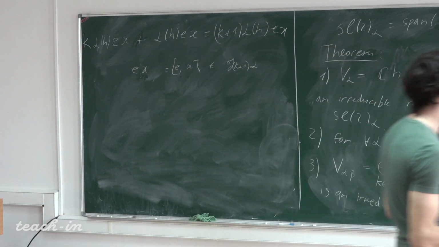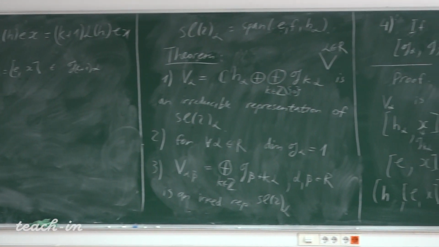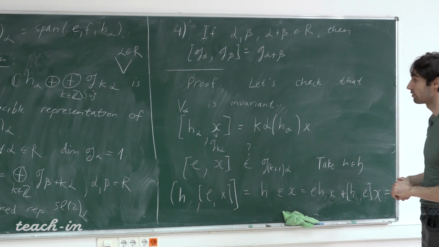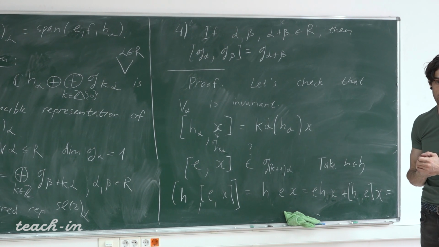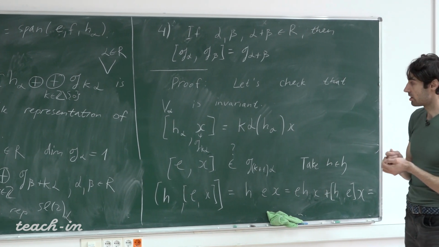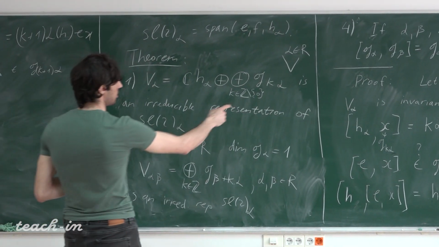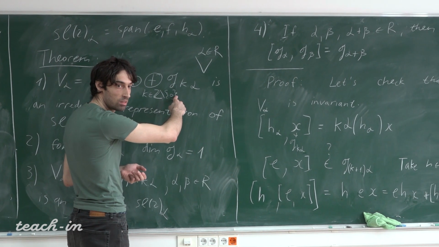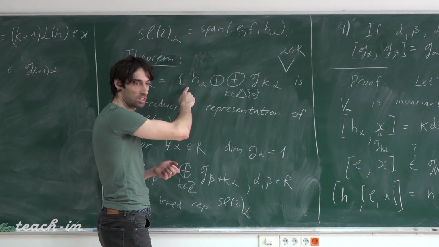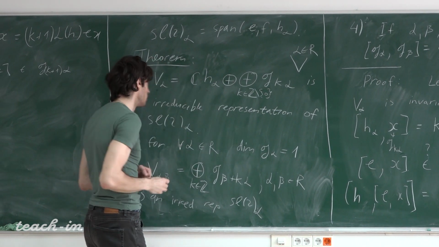Okay, so in similar terms, if you act by f, you get k minus 1 here, just a similar check. So therefore, it's invariant, right? If I act by h, I act on these terms. Well, you have to check this separately, but it's also of the same kind of check.